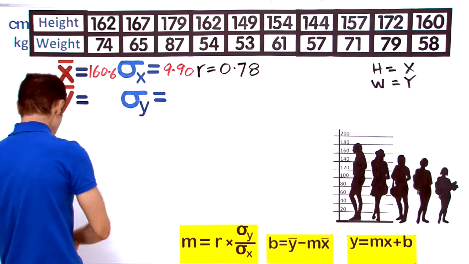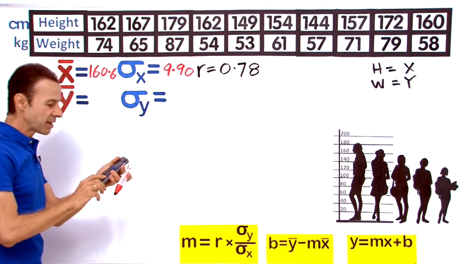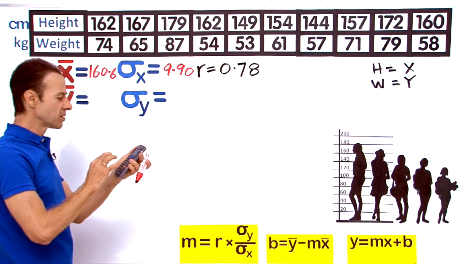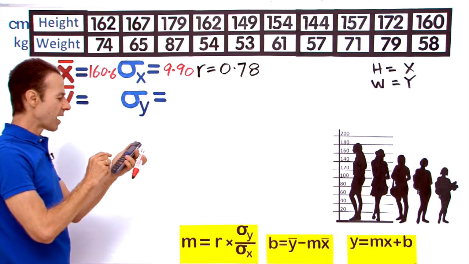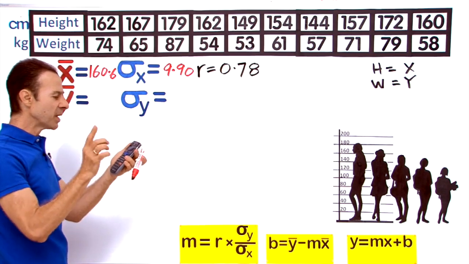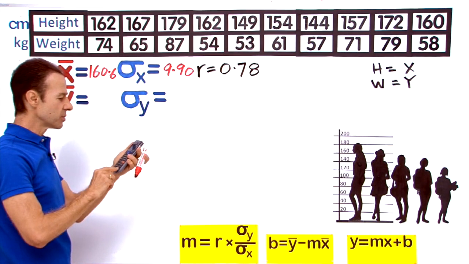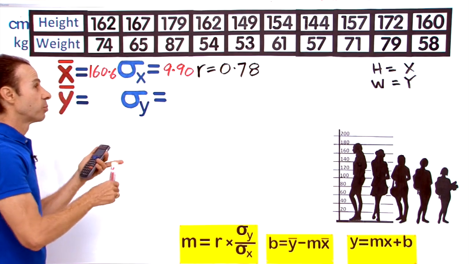Okay, let's go to the y value. Let's go AC, clear it. Let's press Shift 1, 4 again, variance, and press number 5 for this, the mean of the y-scores. 5, and press equals, and 65.9.